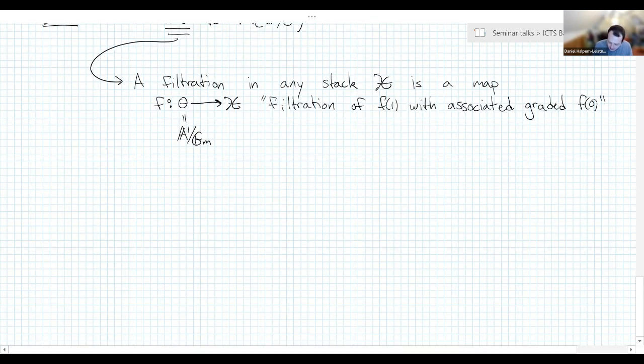And so this allows you to formulate, so there's a general framework, the framework of theta stability and theta stratifications.